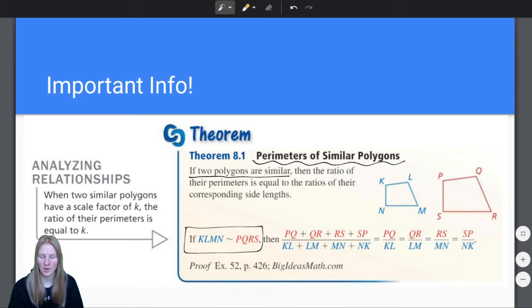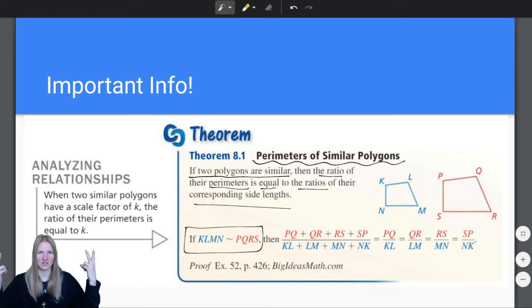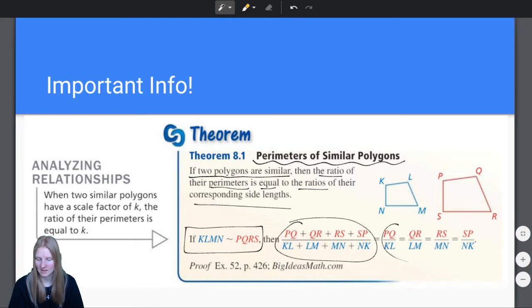So if the polygons are similar, then the ratio of their perimeters is equal to the ratios of their corresponding side lengths. So the perimeters and the side lengths are proportional, right? Because the ratio is equal to the ratio. When I set two ratios equal to each other, I get a proportion. So the perimeters and the side lengths are proportional.